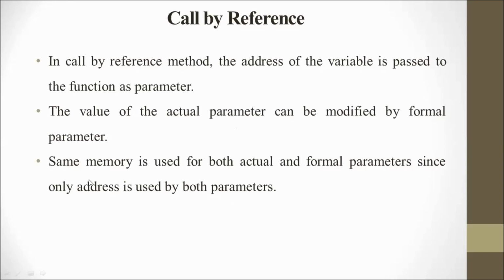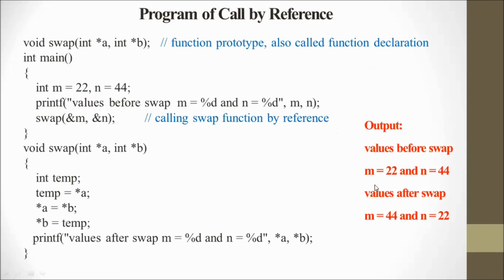This is also the difference from call by value, because in call by value the memory occupied by the actual parameter is different, and the formal parameter is occupied in a different memory location. But in call by reference, the memory occupied is the same for the actual and the formal parameter. Okay. So here is the example program of call by reference.